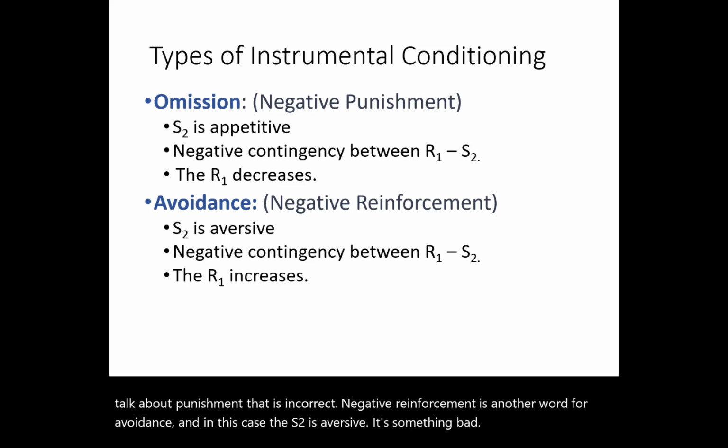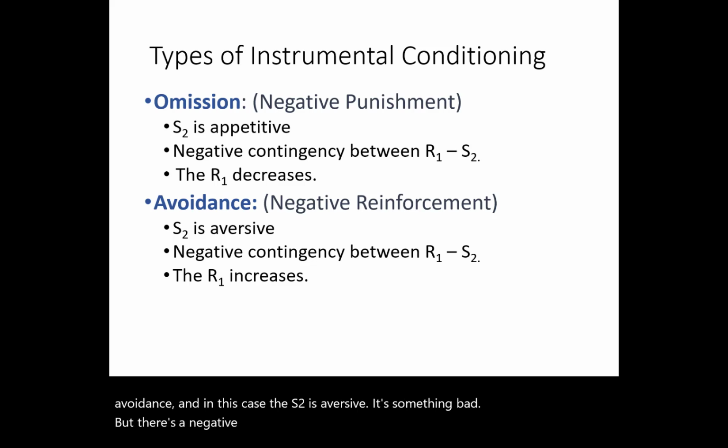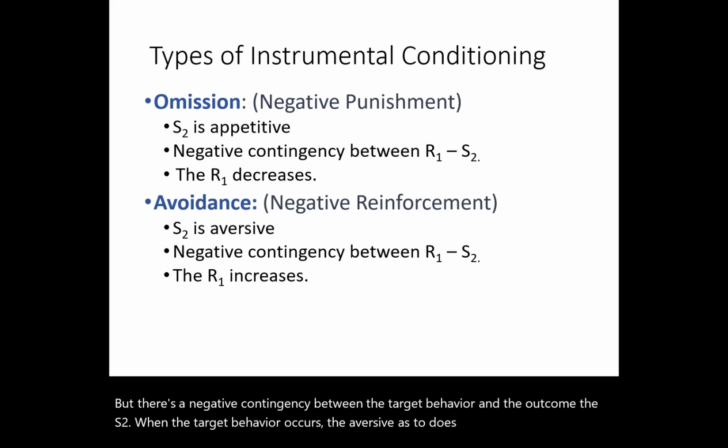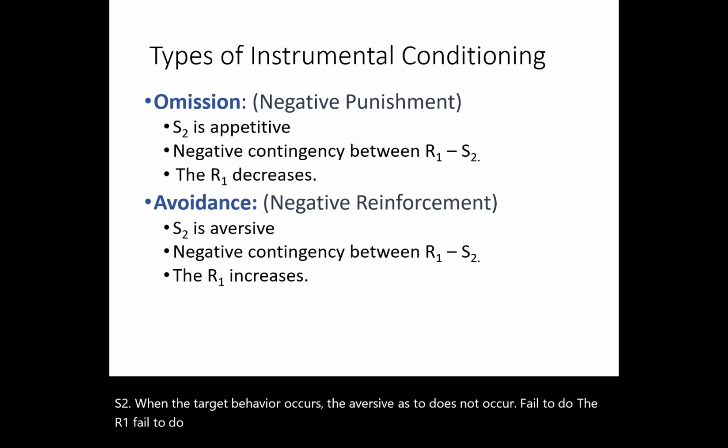But there's a negative contingency between the target behavior and the outcome, the S2. When the target behavior occurs, the aversive S2 does not occur. Fail to do the R1, fail to do the target response, and the S2 happens.